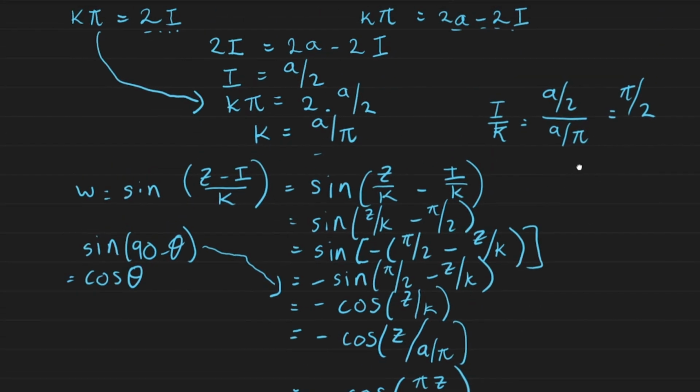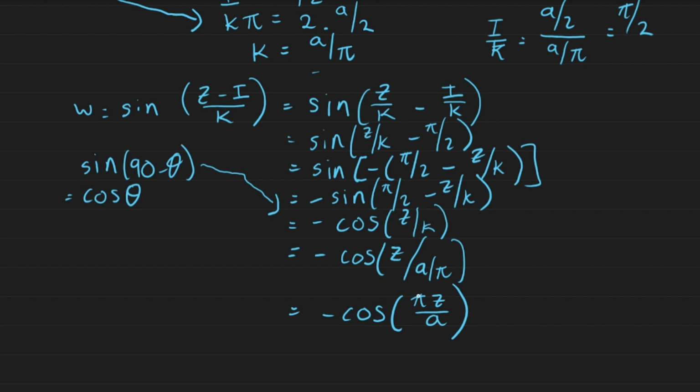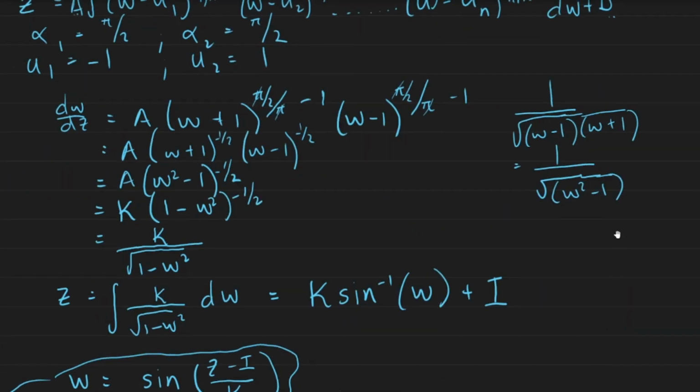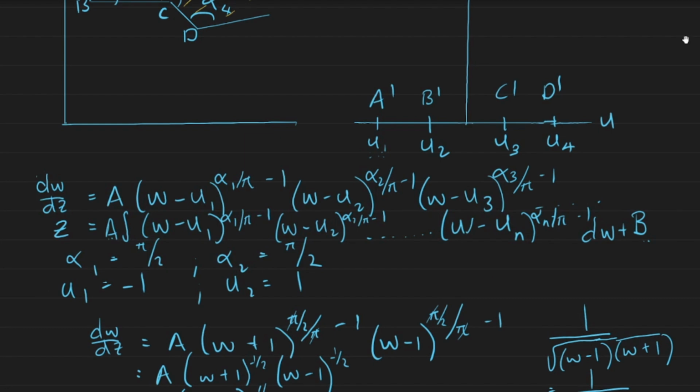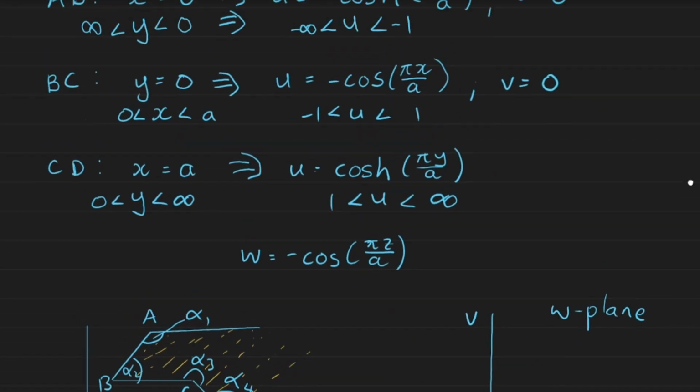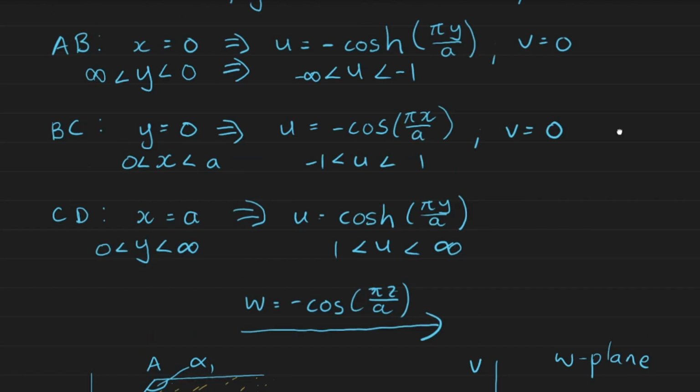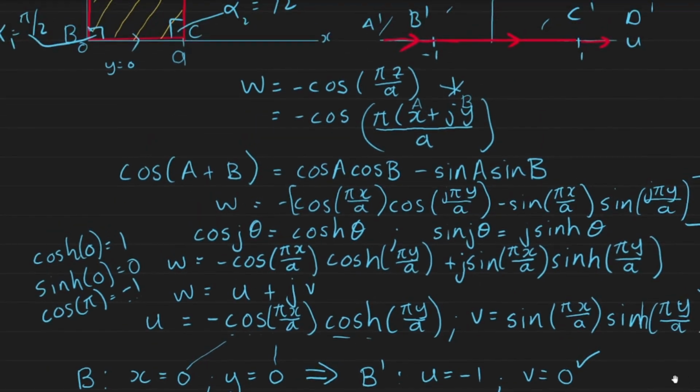And if we look at what our original transformation equation was, okay, so we have just shown it's supposed to be minus cos pi z over a. And let's compare it to what we had used. We go all the way up, then we see that here it is. We can even go further up. And we had shown it here.